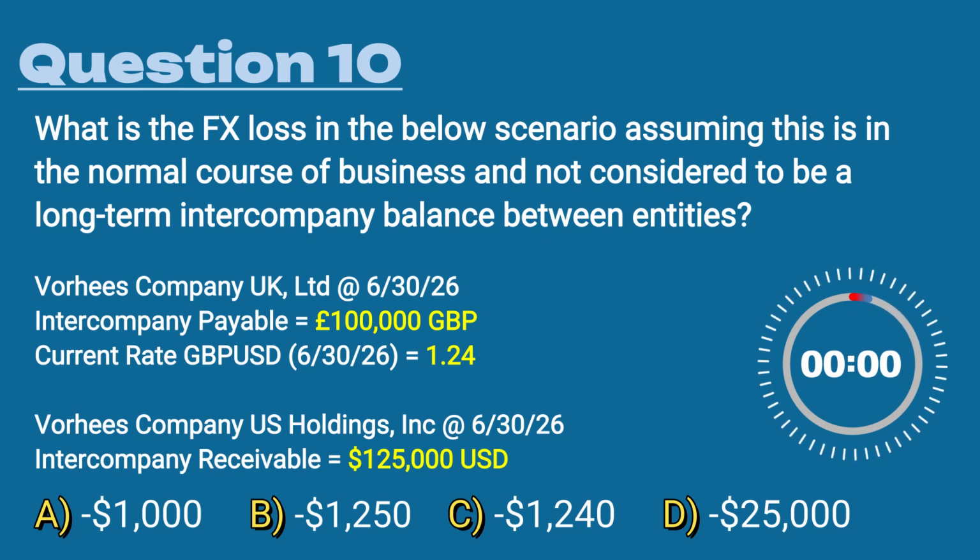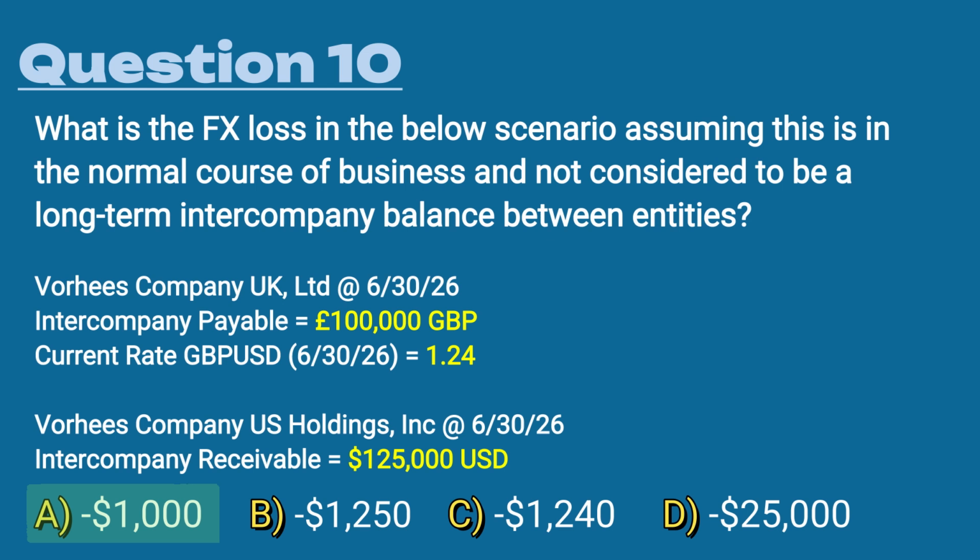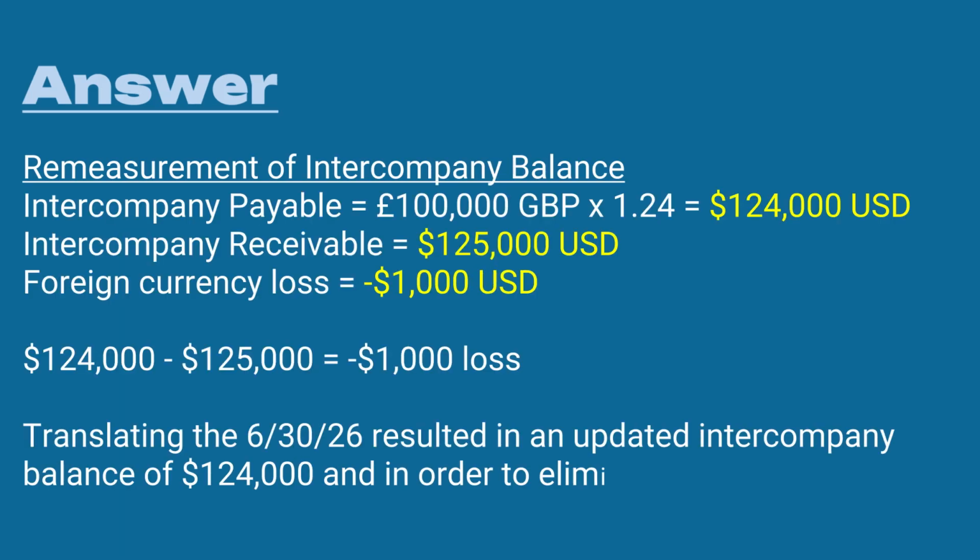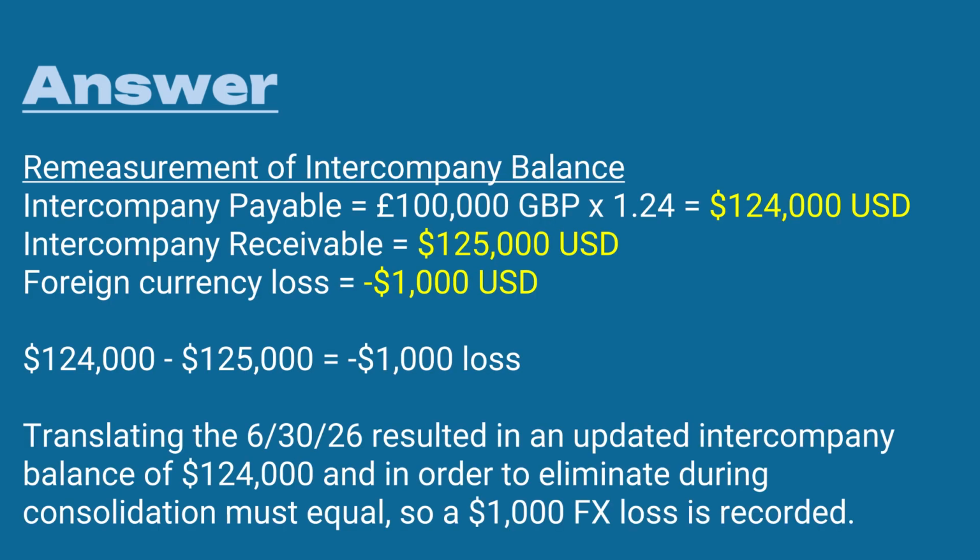The answer is A. You have a $1,000 loss. Let's look at the math. The remeasurement of the intercompany balance, you take your intercompany payable to the USD holding company, which is going to be £100,000 times 1.24, the current rate, and you have a translated balance of $124,000.